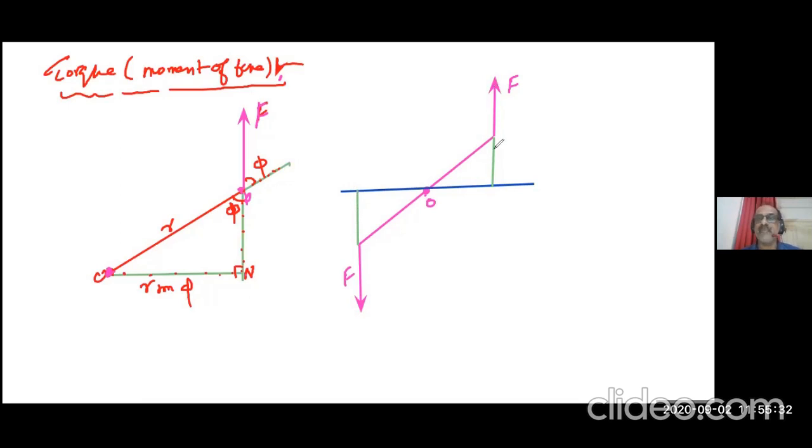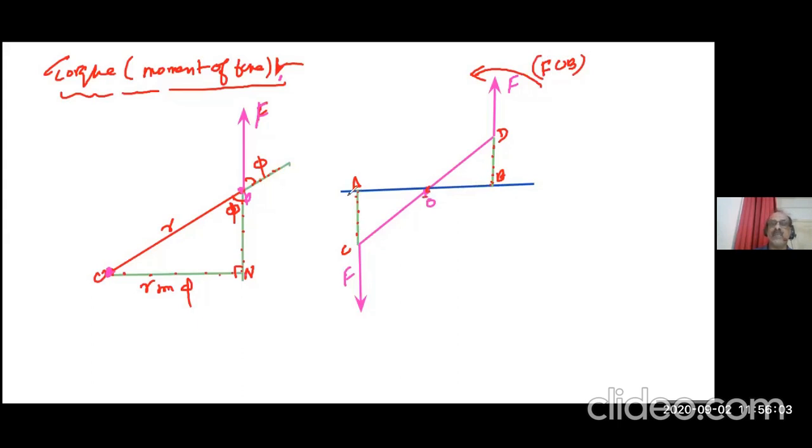So this is F, and this is the perpendicular distance for it. This is also a perpendicular distance. So this is A, B, C, D. With respect to O, this is the torque acting, the moment of force, that is F into the perpendicular distance OB.